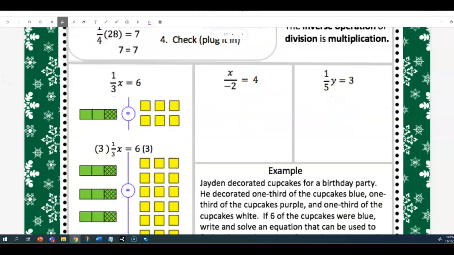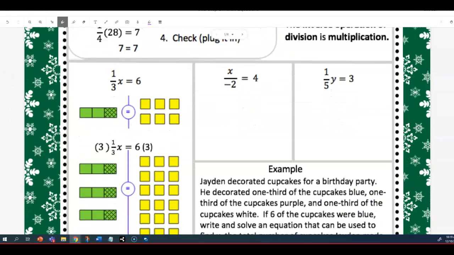If we were out in the hallway, you're going to see division modeled. Look at how the x looks and how it's shaded in. Usually, our x bar is just a plain green rectangle. This time it's broken into thirds, and 1 out of 3 is shaded.